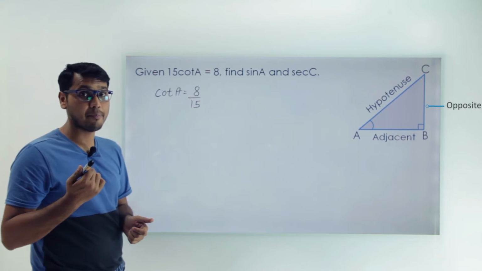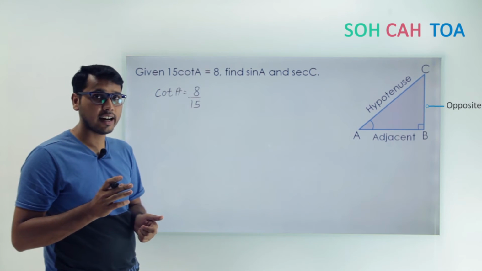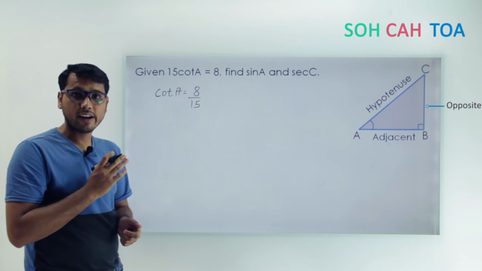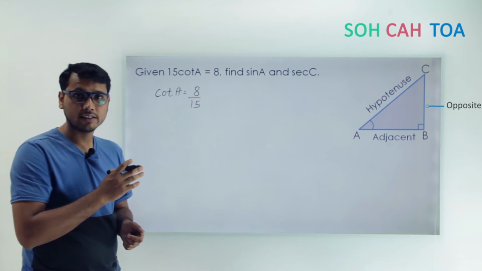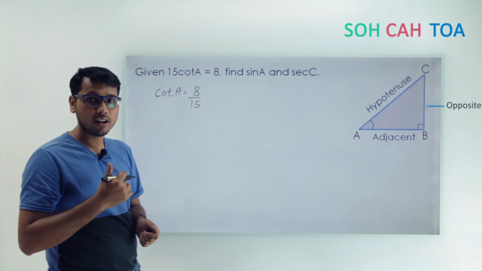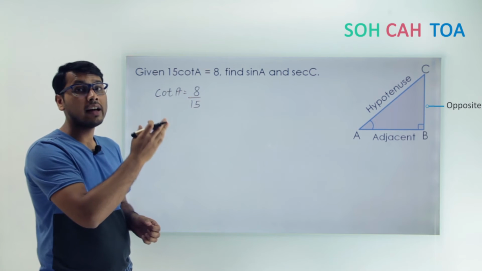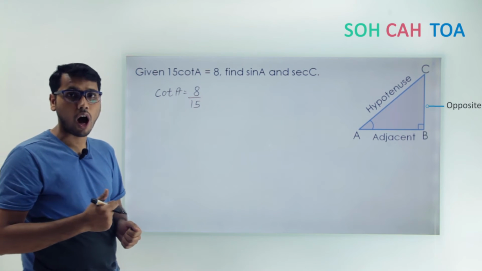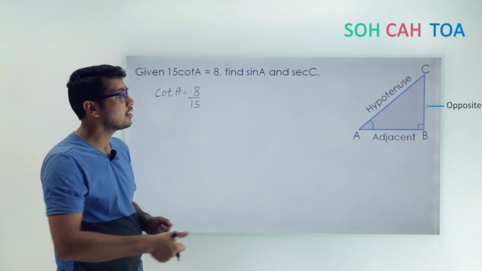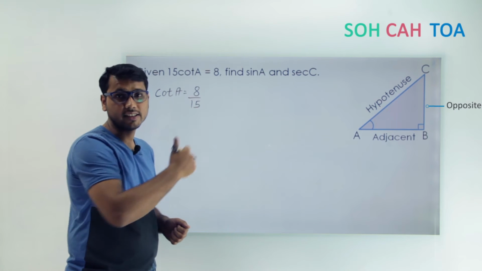Do you remember SOHCAHTOA? SOH says sin is opposite upon hypotenuse, CAH says cos is adjacent upon hypotenuse, and TOA says tan is opposite upon adjacent.